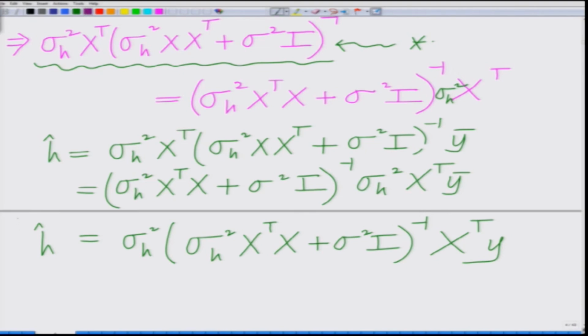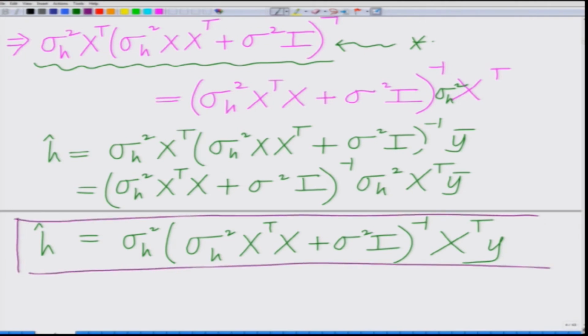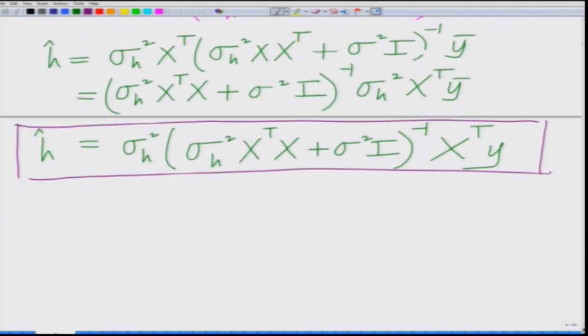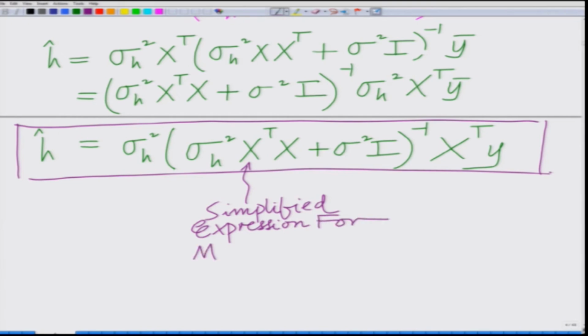is the simplified expression. This is what we are saying as your simplified expression for the MMSE estimate, or rather the LMMSE estimate.